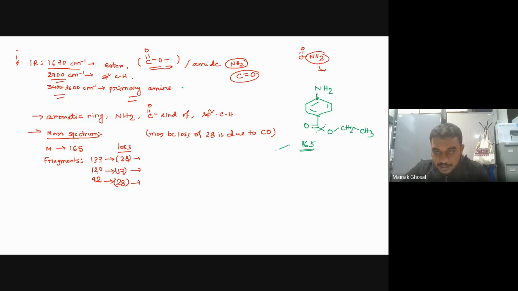If you count the mass, oxygen is 16, CH2 is 14, so 14 plus 16 is 30, and this one is 15, so 45. If you lose 45 from 165, you will get 120. And you see one peak is there at 120, right? So the 120 peak is nothing but this one.